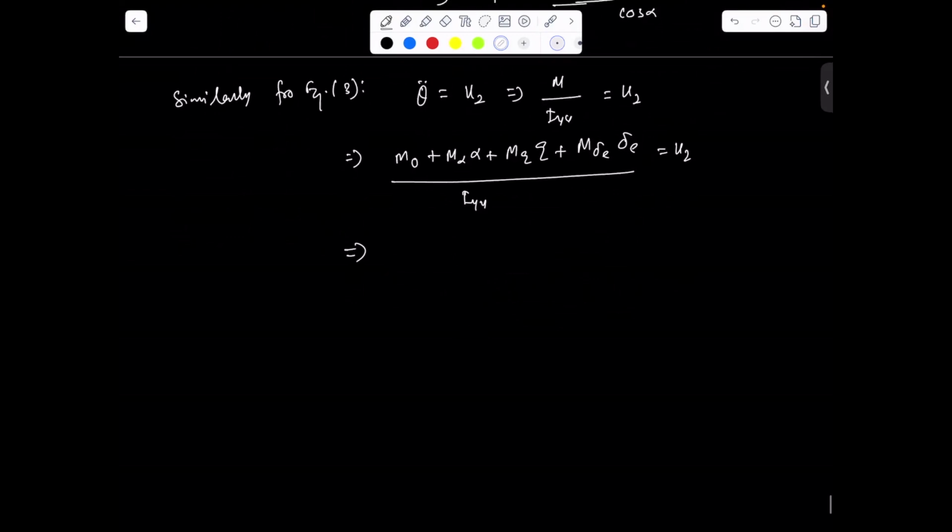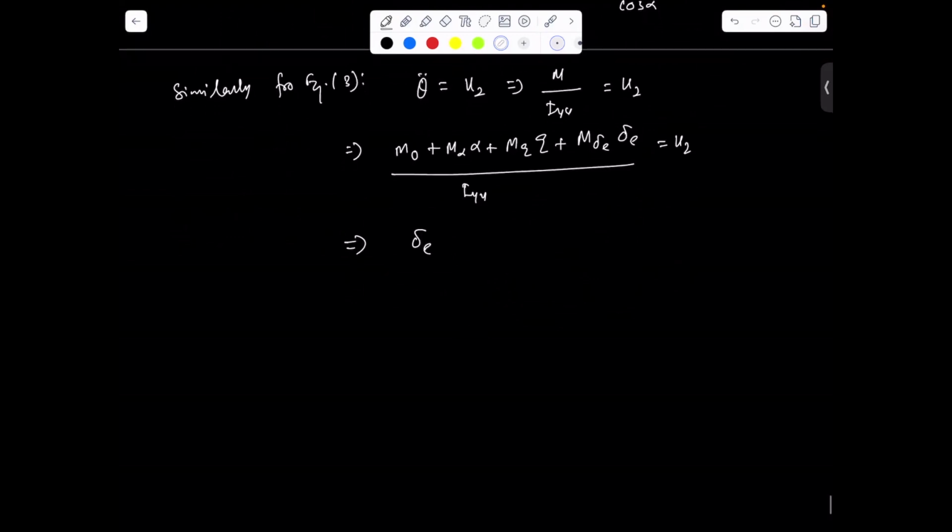From this, we can write delta E equal to I_yy U2 minus M0 minus M_alpha alpha minus M_q q, divided by M_delta_E.